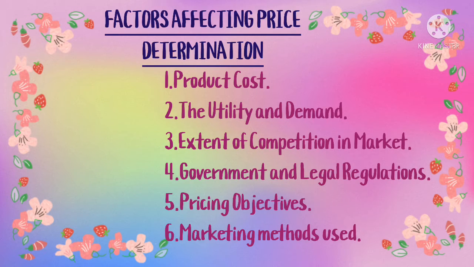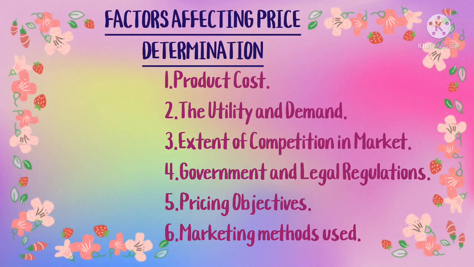The price is fixed after calculating the total cost. So in case of high competition and to capture a big share, if the firm has to fix a low price, then at least the price must cover the variable cost, and fixed cost can be ignored for some time.